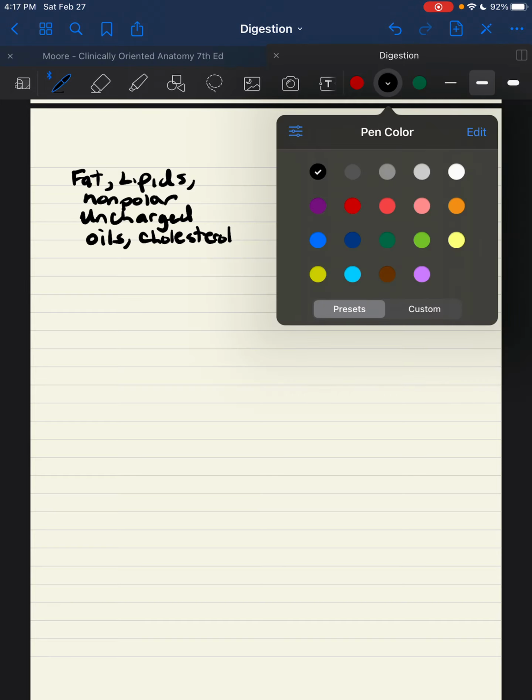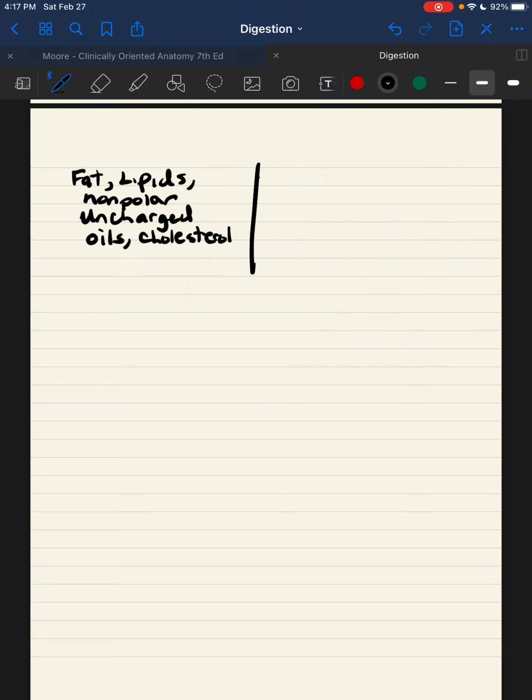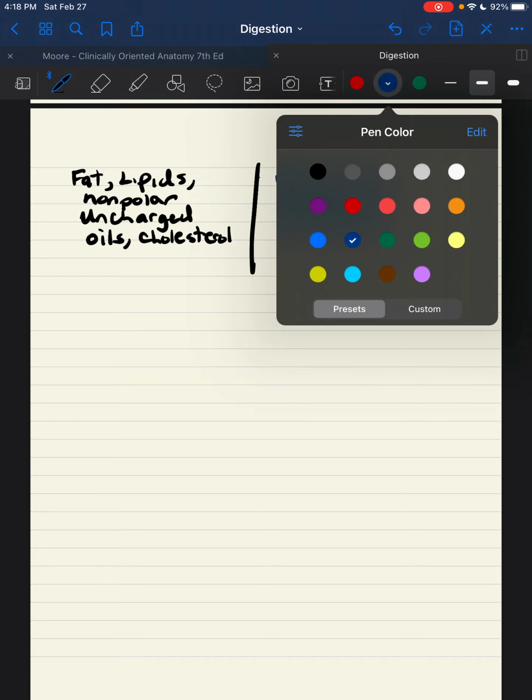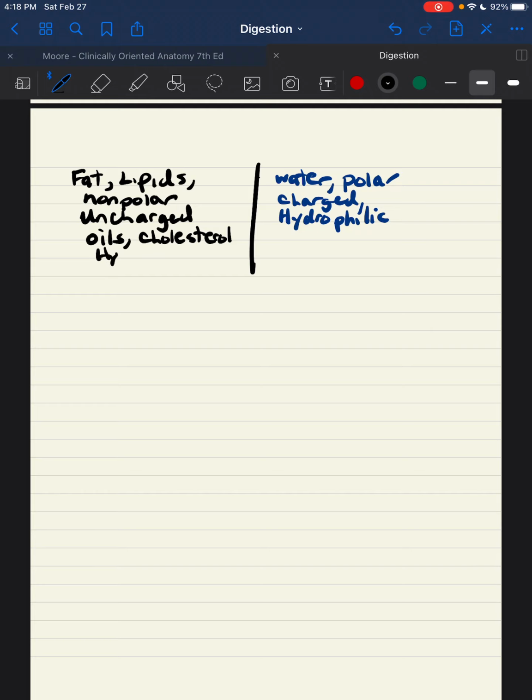And then there's another category I want to talk about: water, polar, charged. Hydrophilic, which means I have to call this hydrophobic.